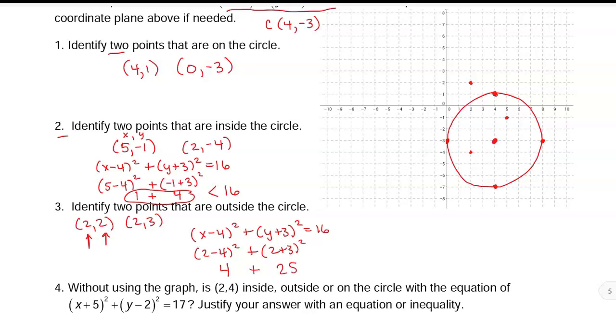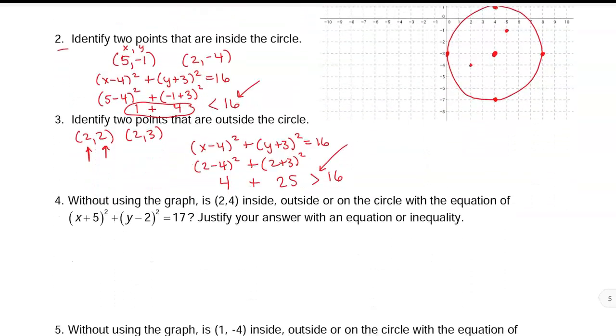Can you tell that 4 plus 25 is greater than 16? So we're finding out that if the point you pick makes the equation less than 16, it's inside the circle. If the points you pick make the equation greater than 16, it would be outside the circle.